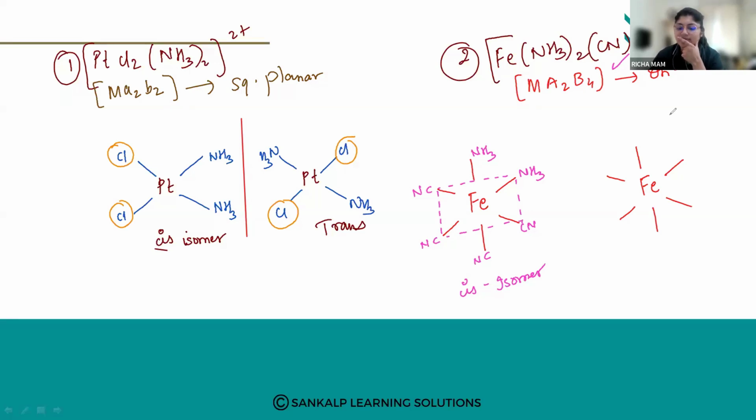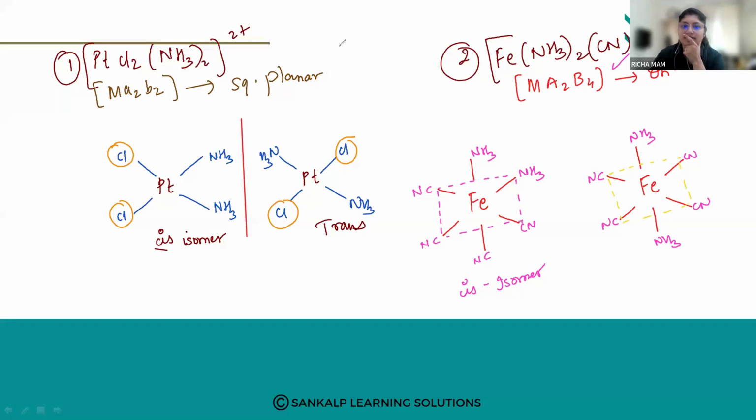Then the second possibility is CN, CN, CN, and CN, and NH3, NH3 opposite each other. Can anyone tell me what this is?